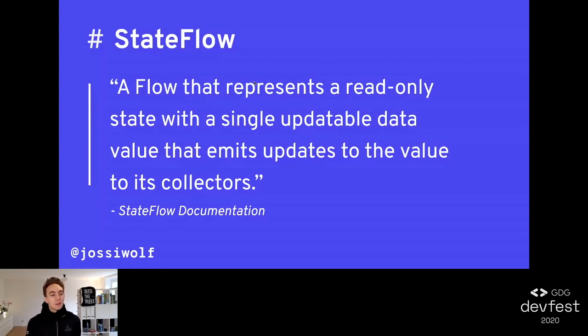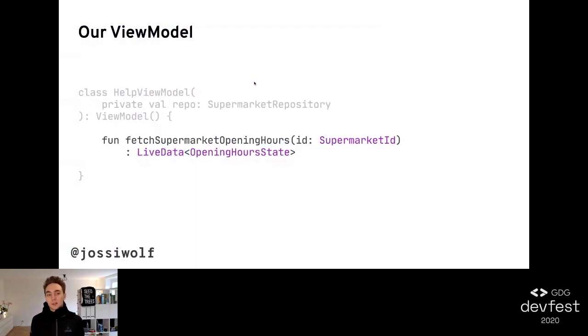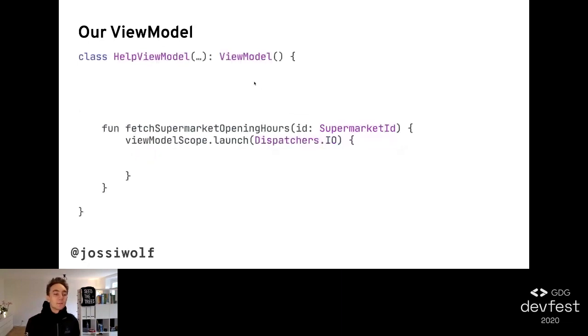So I want to show you what migrating would look like. When you had LiveData in a view model before, the first step would probably be to make that return unit, make that return nothing. Then you would launch a new coroutine in the view model scope.